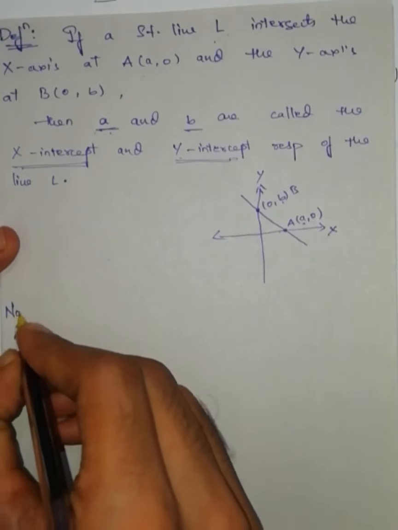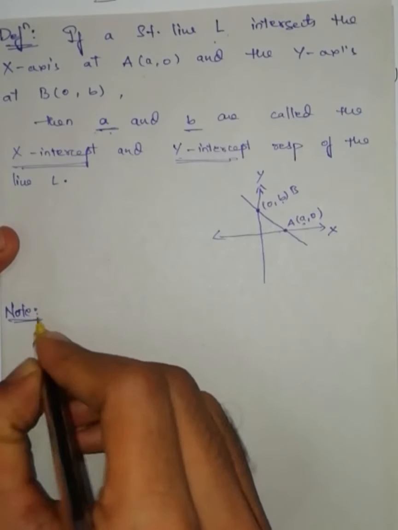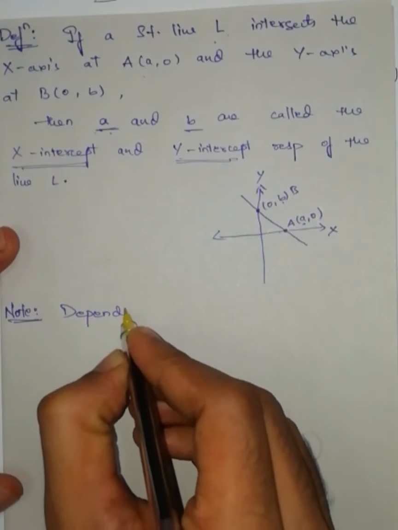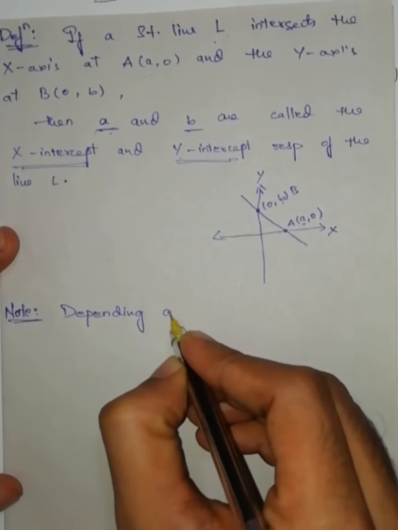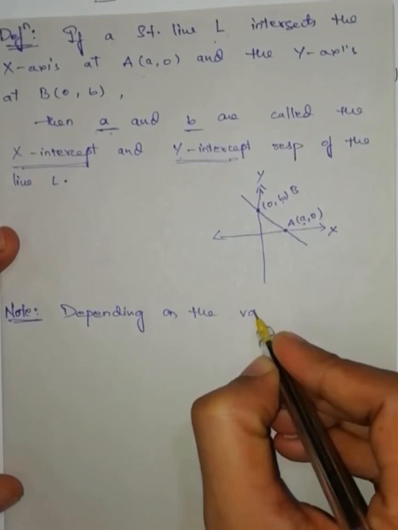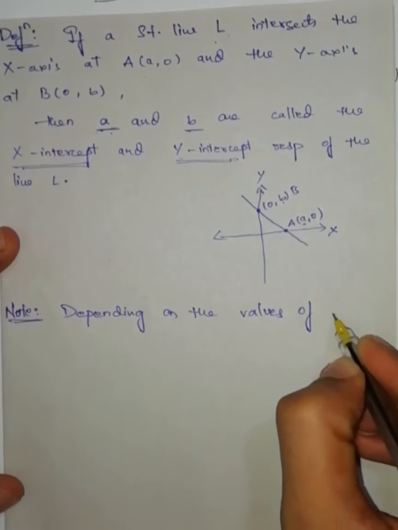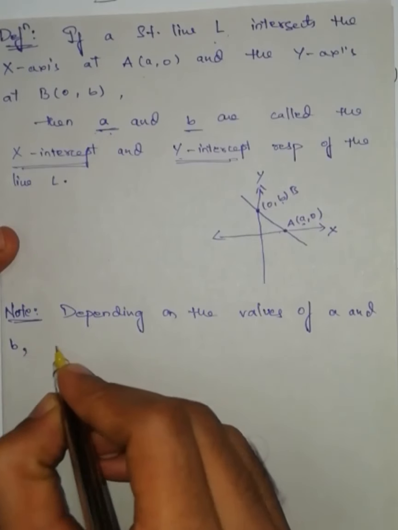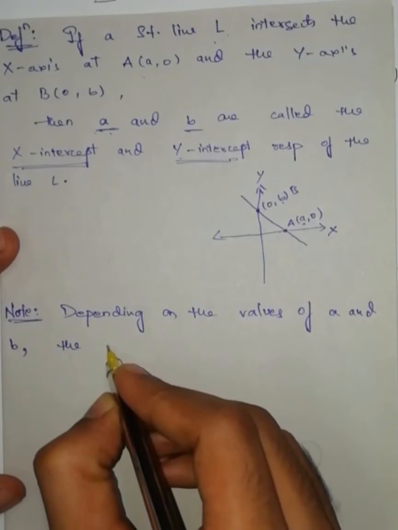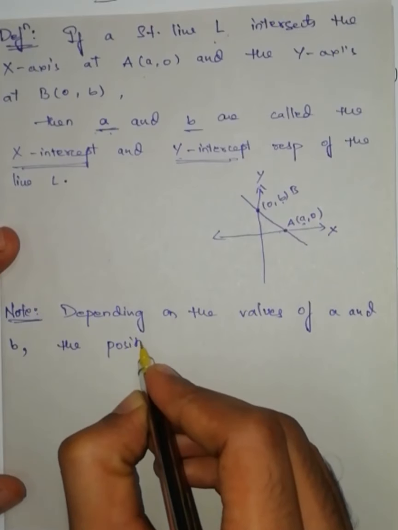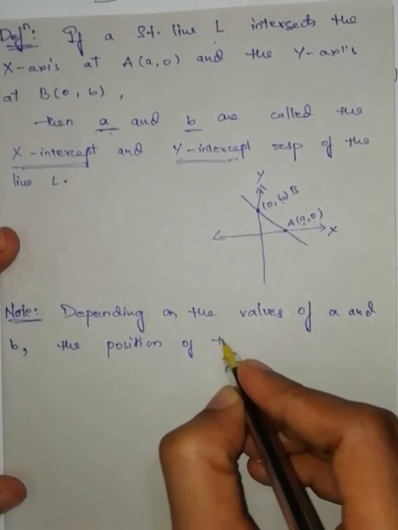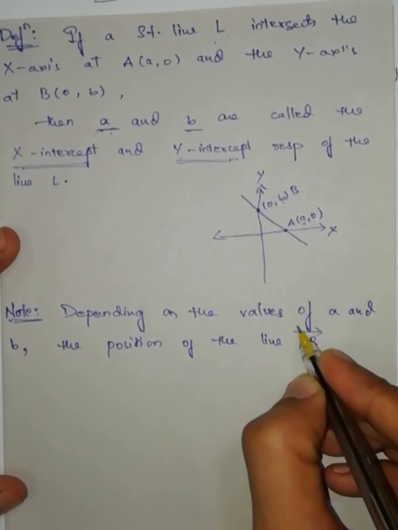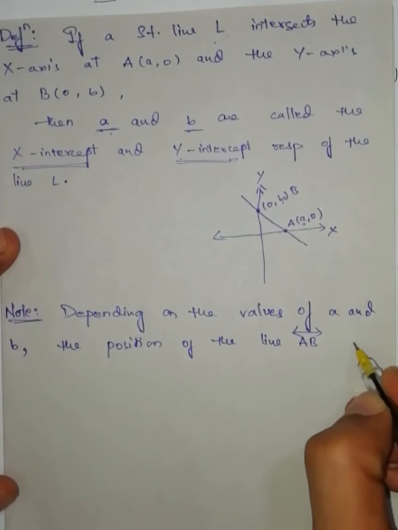Note, depending on the values of small a and small b, the position of the line AB is as follows.